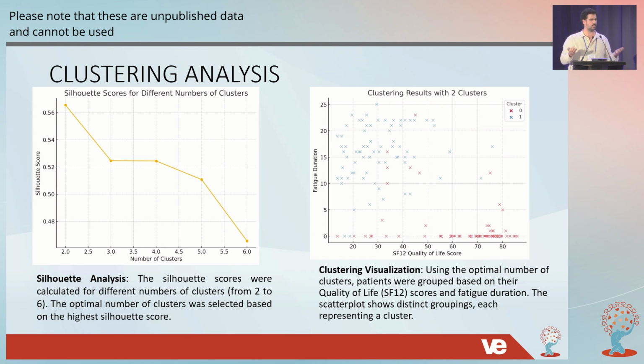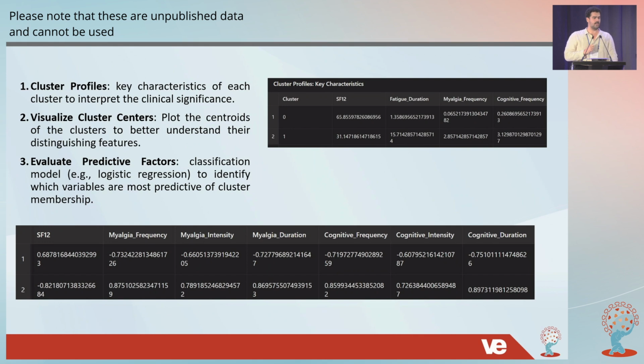Again, quite obvious, quality of life is worse in the long COVID, which is the blue one. With this cluster analysis, I'm not sure if I have a pointer here. I don't have a pointer. It's fine.